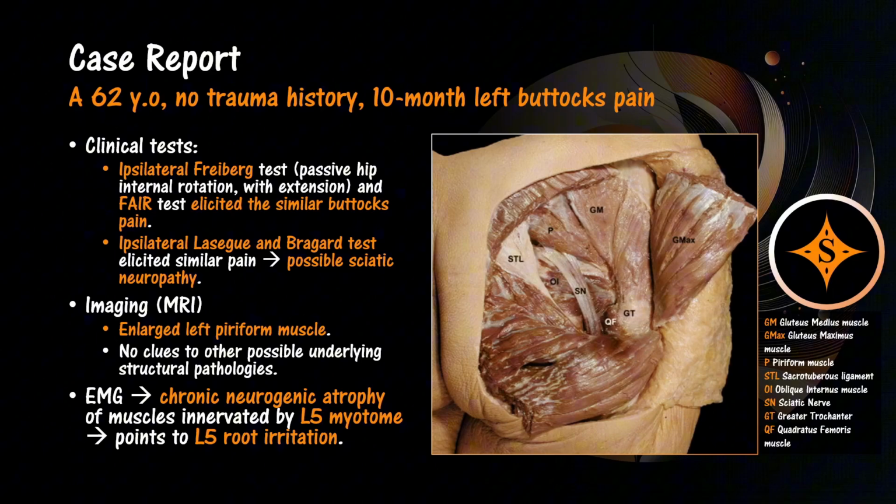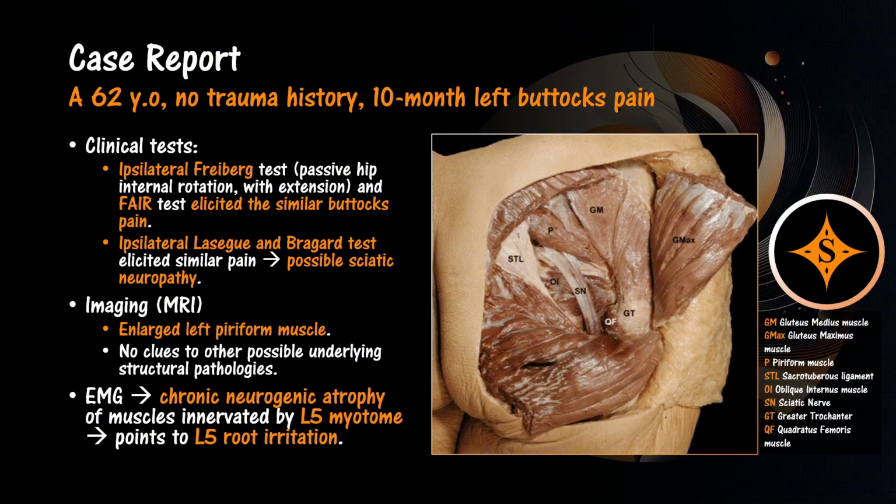These tests are normally performed to seek out any irritation of the sciatic nerve, whatever the cause. And this also turns out positive, which is in line with the pathophysiology of this condition: an irritated or inflamed sciatic nerve and tension of the piriformis muscle. And there was also tenderness during palpation of the piriformis muscle, and these support the diagnosis of Piriformis syndrome.